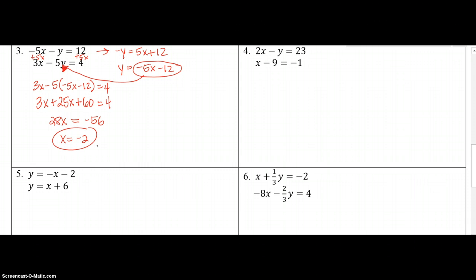What happens with that? What do we do with the -2? That's right, we substitute it in to find y.